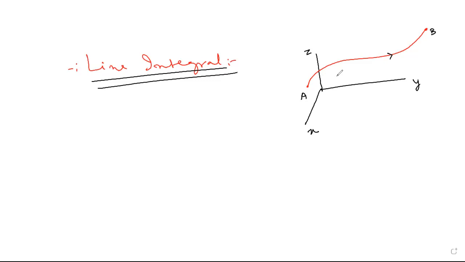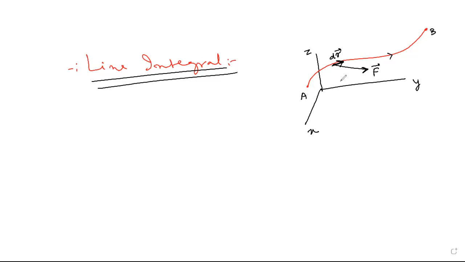Along this path, force acts on the particle, and that force varies along the curve. Now, at one location, we show dr as infinite small displacement, and at this location of the path, let force be represented by this vector, right?